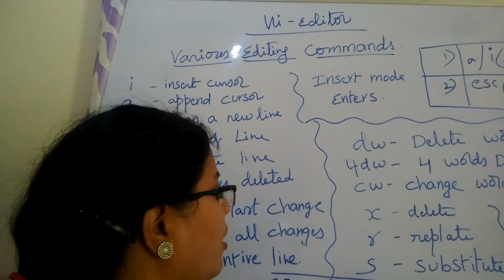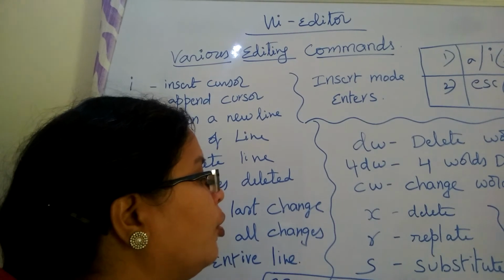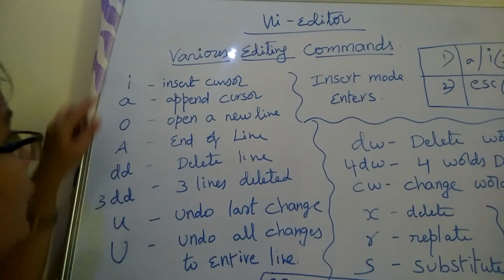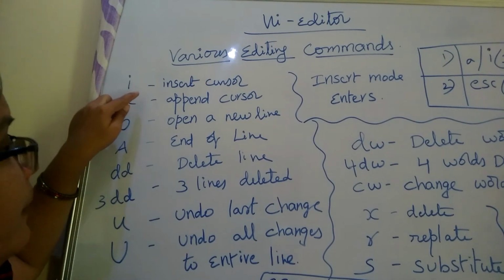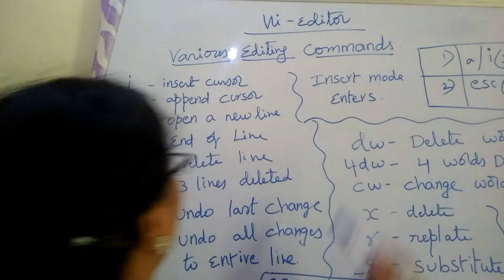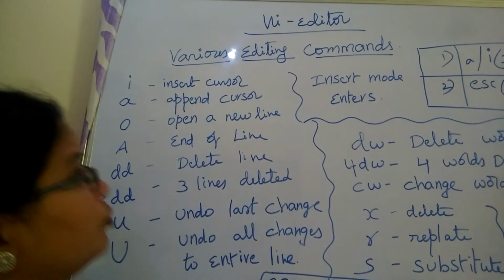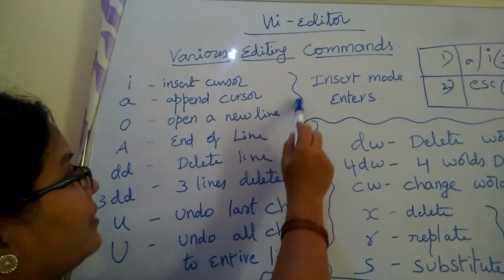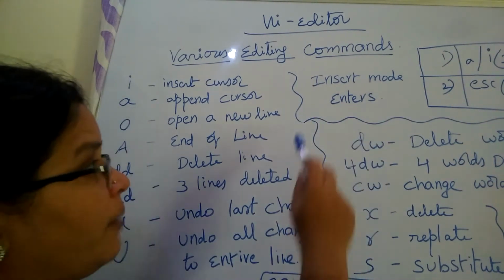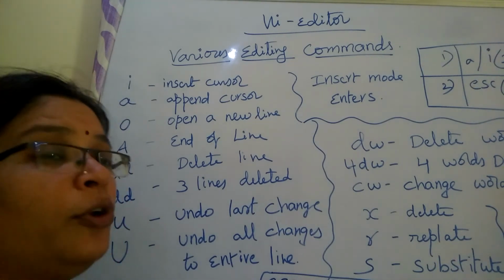You type all these commands in the escape mode only or command mode only. So after pressing the escape key, you press i. i and a, these two go to the insert mode or append mode. After pressing o, it opens a new line. So these three commands directly take you to the insert mode where you can add some more text.